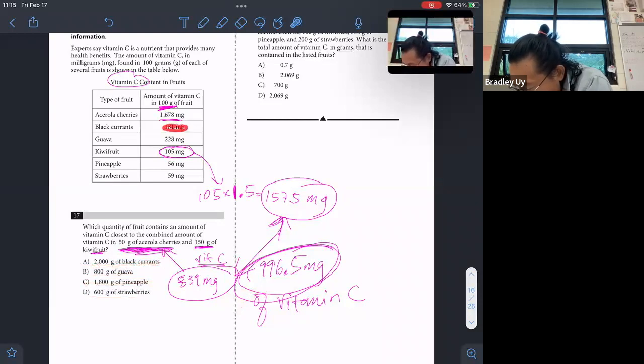Black currants are here. That's in 100 grams though. In 2,000 grams, we would need to multiply that by 20.